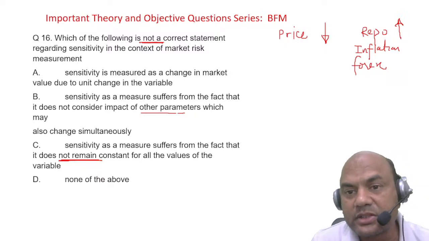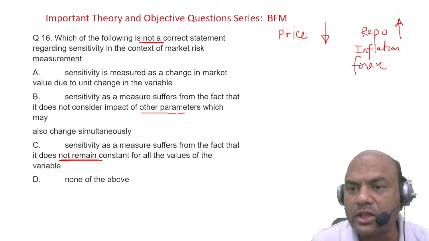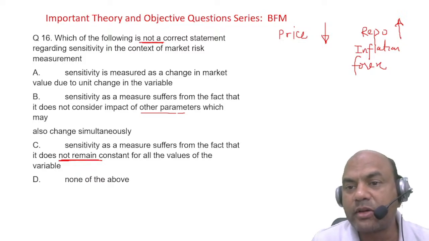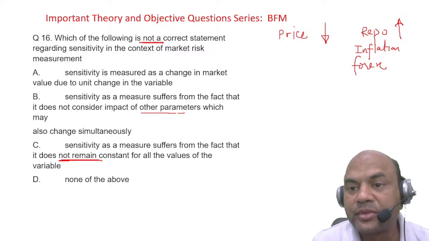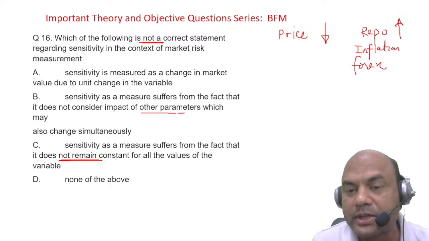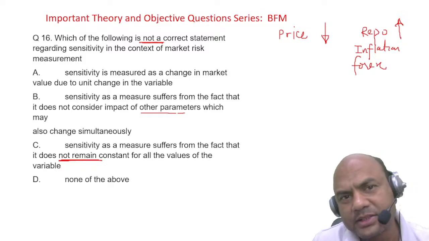So will the price change of the bond be the same for all the parameters? Repo changes by 1%, price changes by 2%. Inflation changes by 1%, price changes by 2%. Forex reserves change by 1%, price changes by 2%. Will it happen like this?